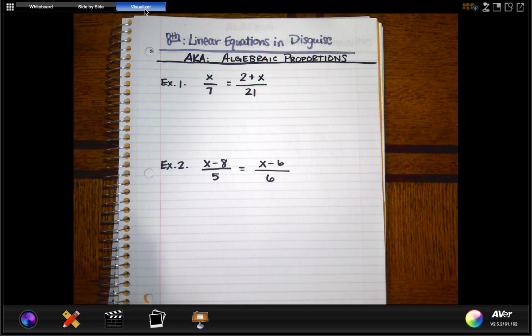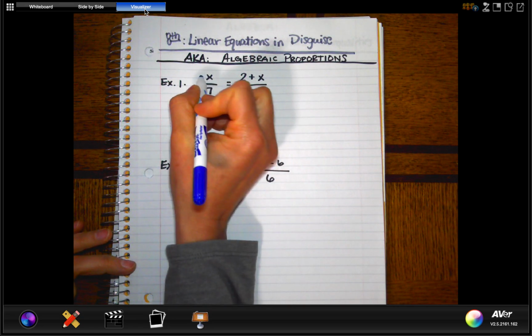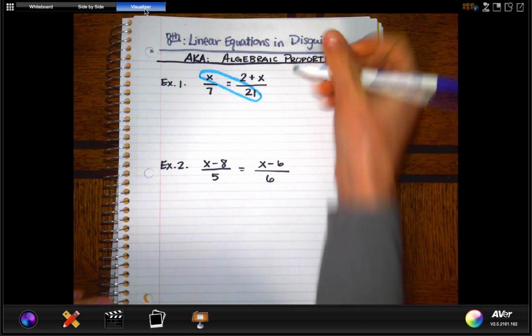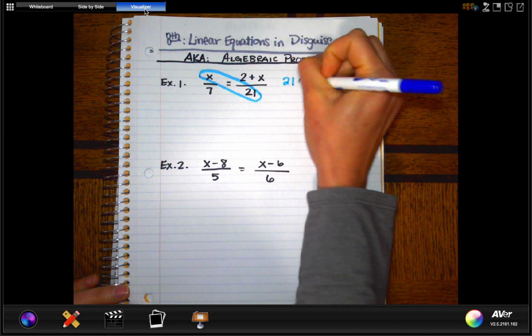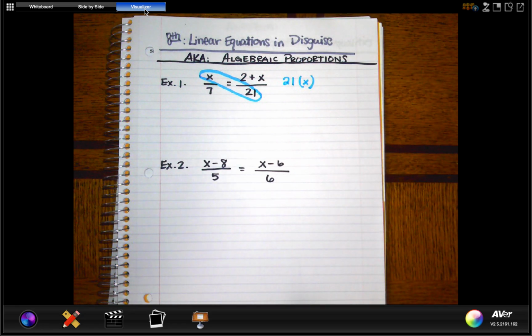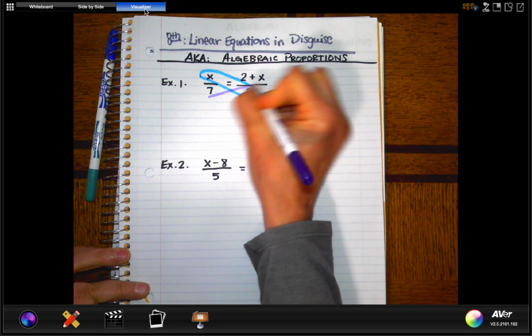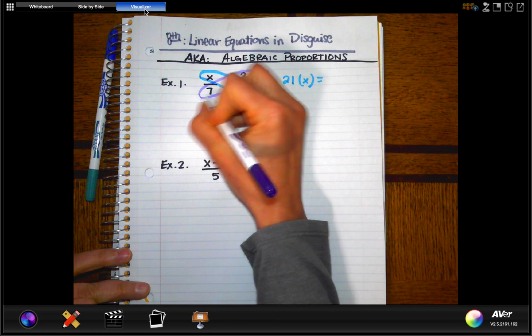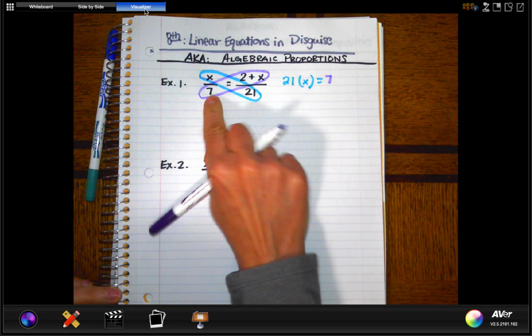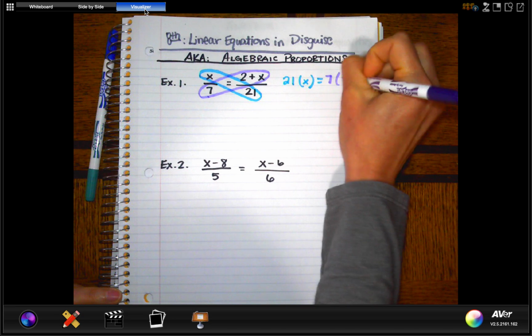So if I multiply x and 21, which I'm going to write out over here as 21 times x, that is equal to the other cross product the other way. I'll do this in a different color so that you can see. It's equal to 7 times 2 plus x.